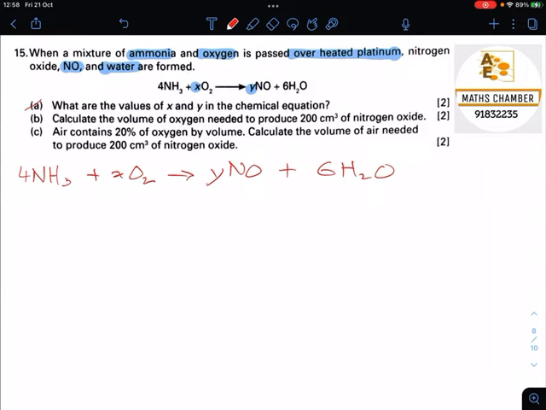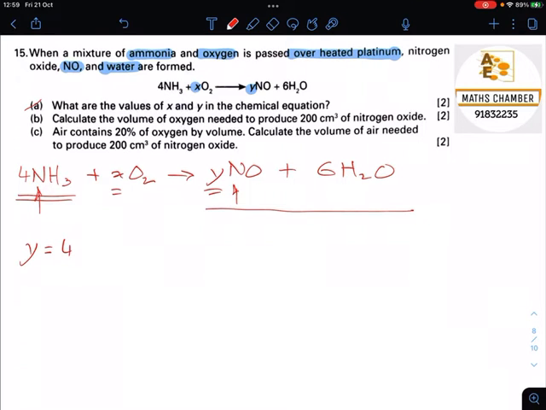So to find y and x, let's try y first. Just focus on your nitrogen. The products are nitrogen oxide and water, and on the reactant side we have only ammonia and oxygen. Nitrogen here is only 4, so y has to be 4.